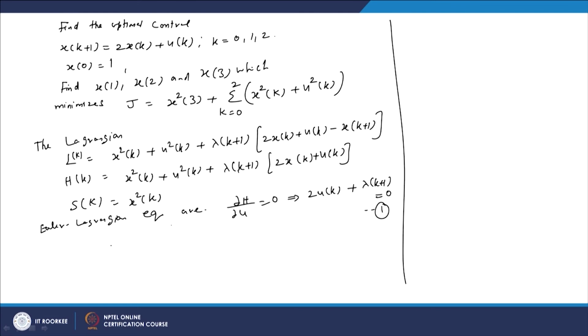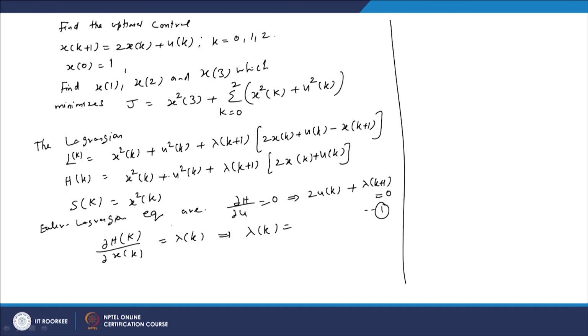Then the second equation is del h of k by del x of k is equal to lambda of k. If we recall, that is the other equation. So, this implies lambda of k is del h by del x k.